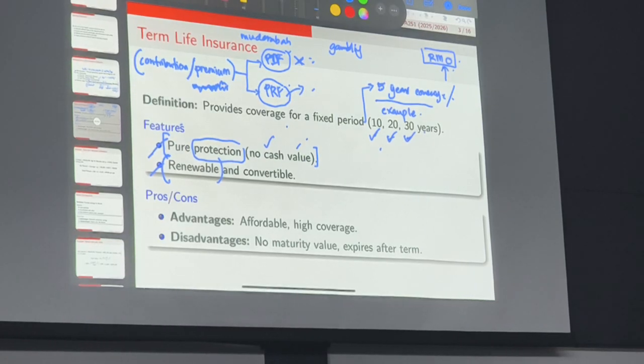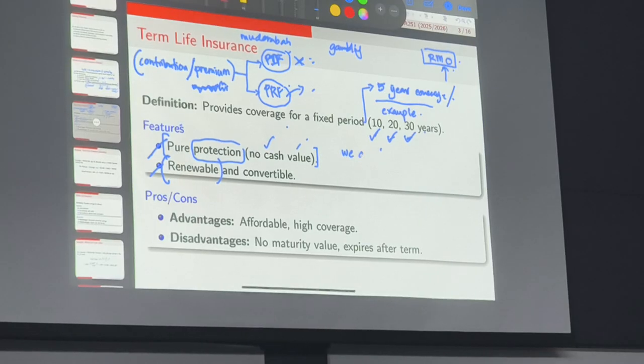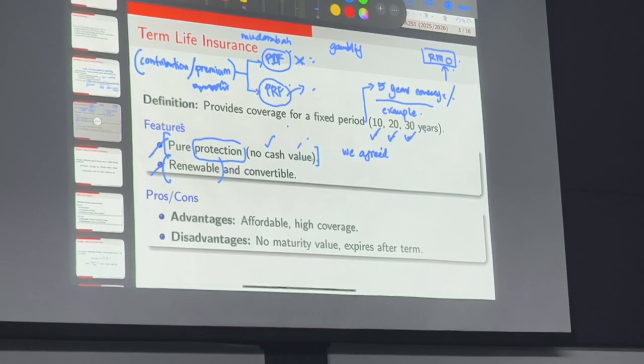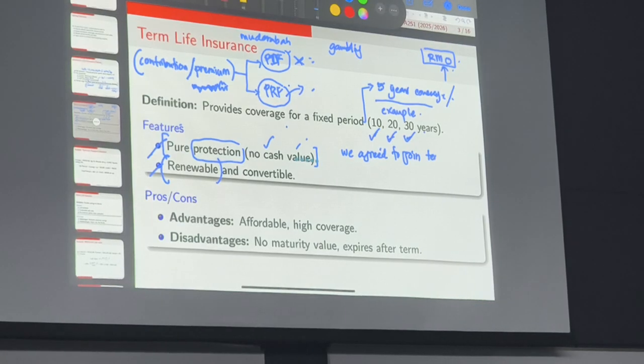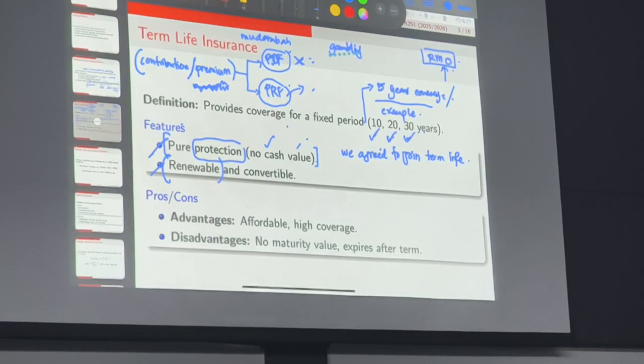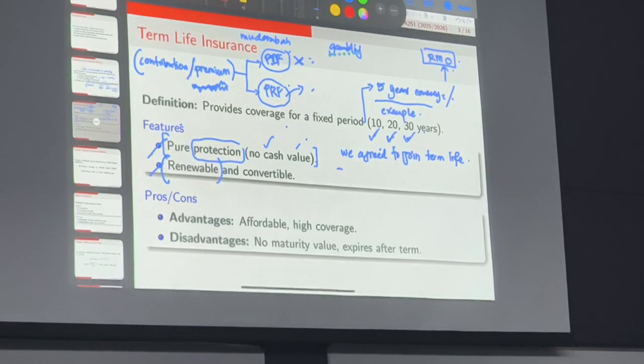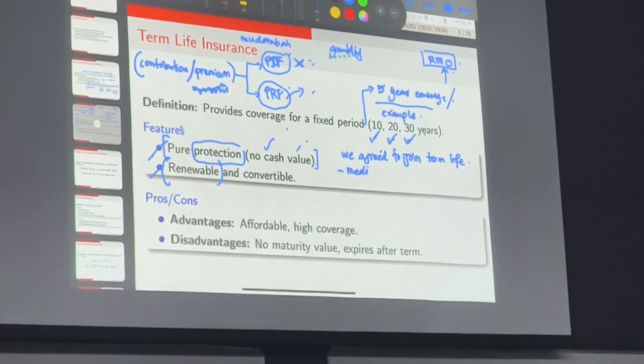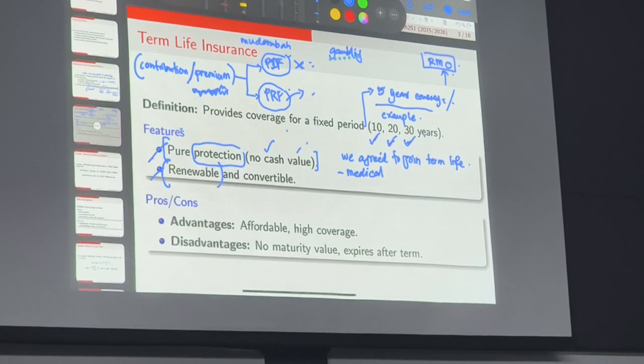Alright, one more thing is that, before we agree to join term life insurance, we need to do some medical checkup.